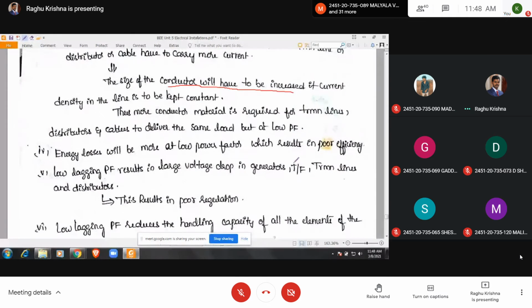Next, energy losses will be more at a low power factor. Is it clear? Energy losses. I square R: I increases means losses increase with square times. If current increases by 2 times, losses increase by 4 times. So losses increase with a low power factor, because at low power factor current drawn will be more for the same amount of power, which results in poor efficiency.